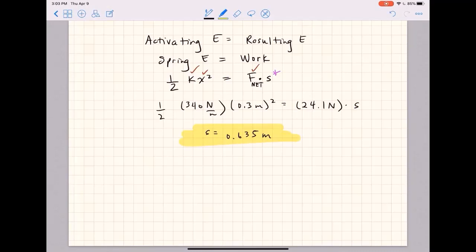Okay. So again, you might have started with this page right here. Said, okay, Shane said to do this every single time. Activating energy equals resulting energy. Putting the equations, or at least the concepts that make sense. It starts as a spring energy that equals a work energy. Sub in those equations and then figure out what you need. You were given a k, you were given an x, you're solving for S. There's just F left to figure out.